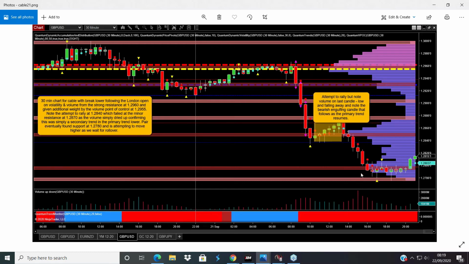You may simply have to wait, because the key turning points, certainly in Forex, are obviously the European Open, which is about here, about 7 o'clock in the morning, the London Open. Then you have this mid-morning period, and things will start to quieten down just before the US Open.